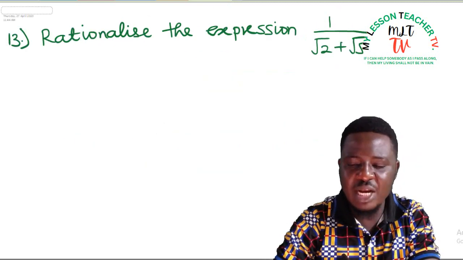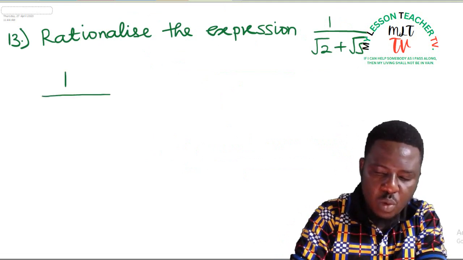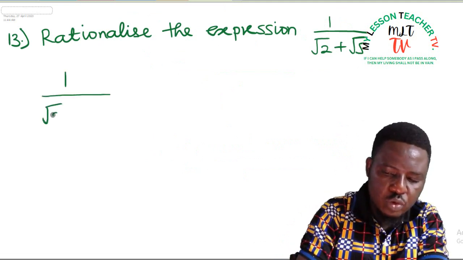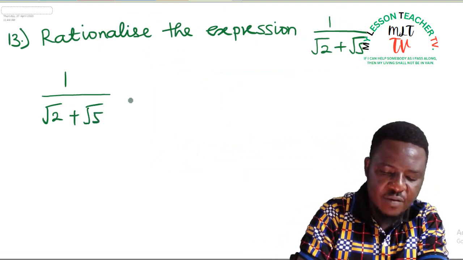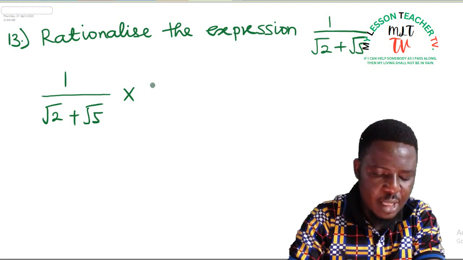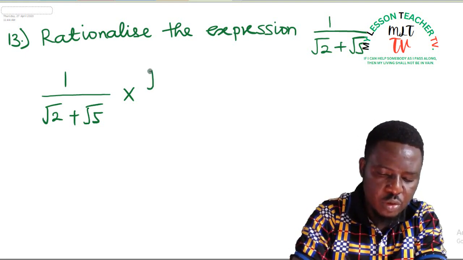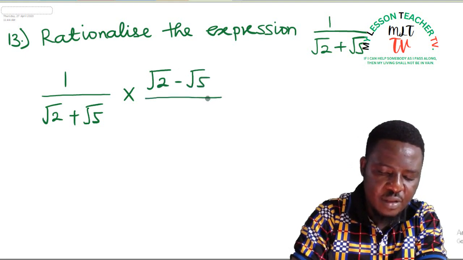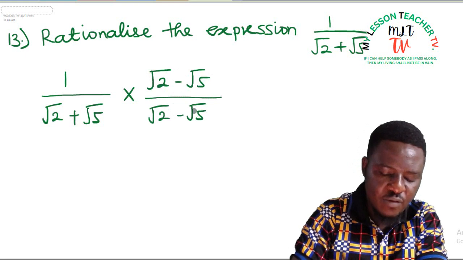Question 13 says we should rationalize the expression 1 divided by root 2 plus root 5. You have to multiply both the numerator and denominator by the conjugate, which is root 2 minus root 5 divided by root 2 minus root 5.